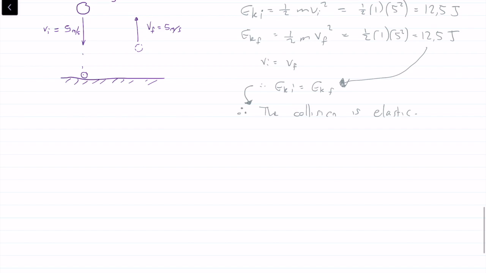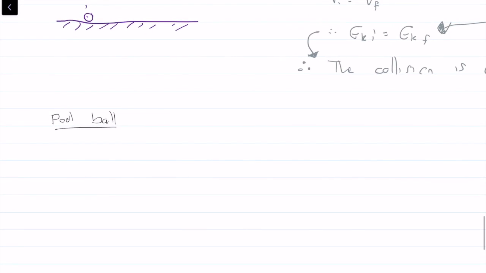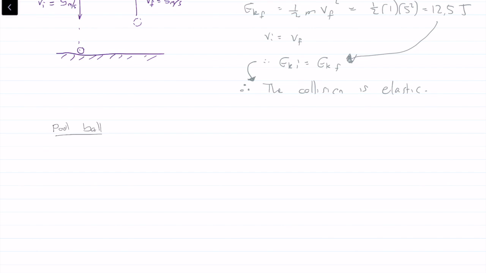Okay, the last thing I want to do is one last example where we have a similar situation. Let's say we have a pool ball, and we have the barrier. Okay, so initially the pool ball has a mass. Let's say the mass is not given, and velocity initial is equal to, let's say, 2 meters per second.